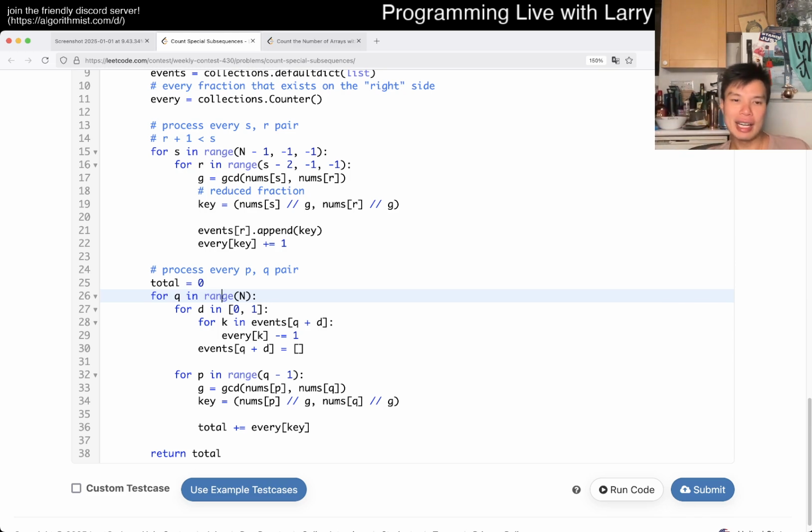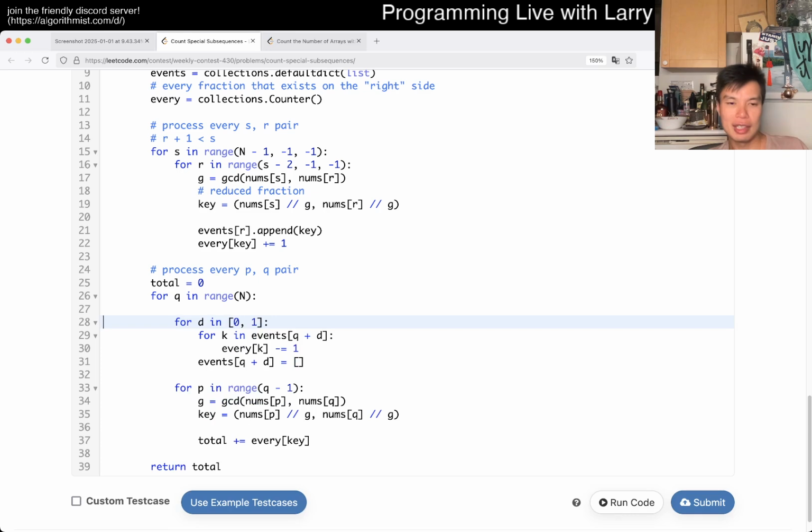And here, we process events to remove the fractions that contain Q and Q plus 1.